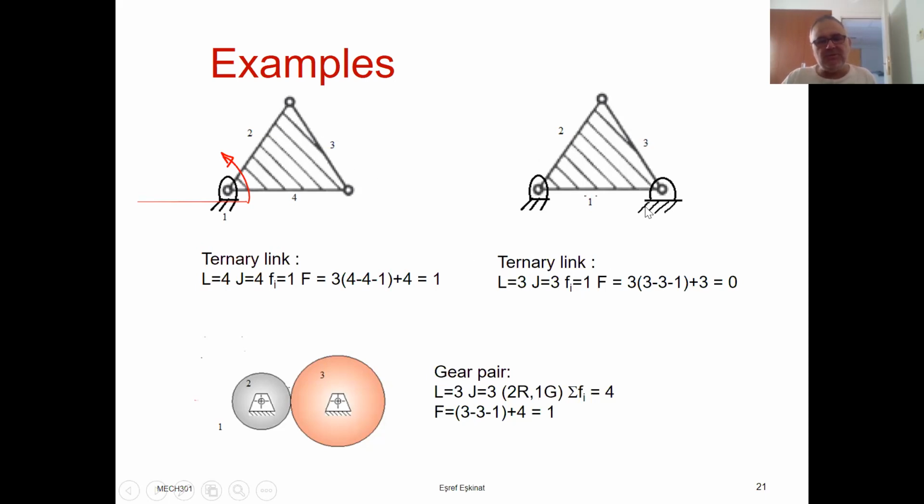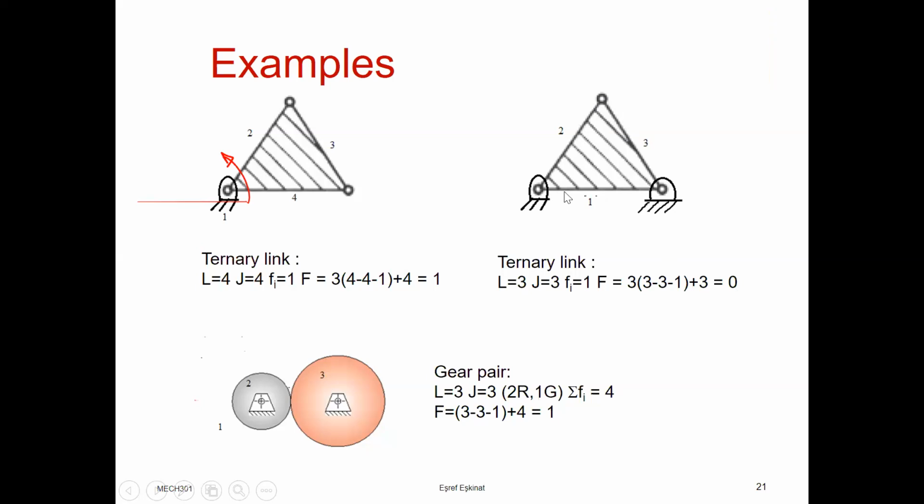Again, each joint has a degree of freedom of 1. If you find the degree of freedom, you find that it has a degree of freedom of 0. Now this is grounded. It means it doesn't move. It is a structure, as I have said. And obviously, you can see that it's a structure. If you apply a force on it, it doesn't move.